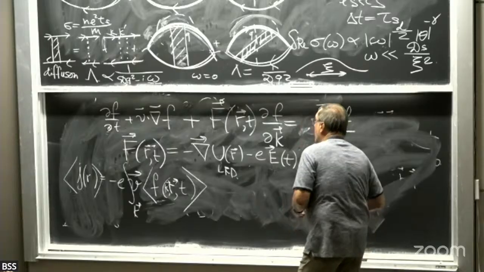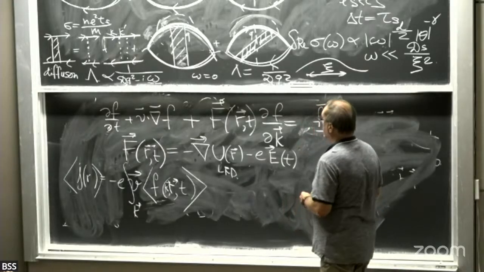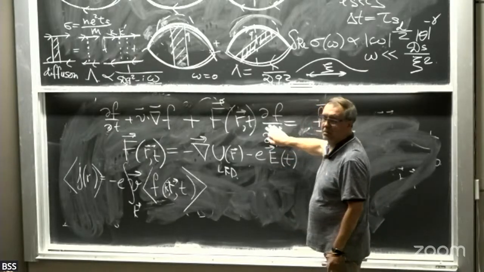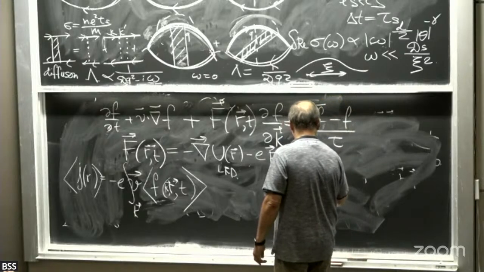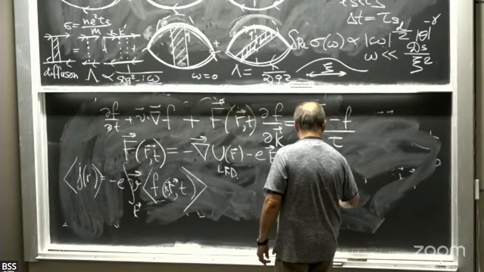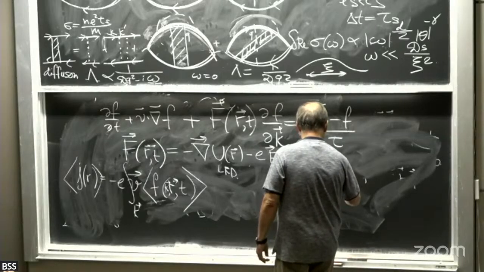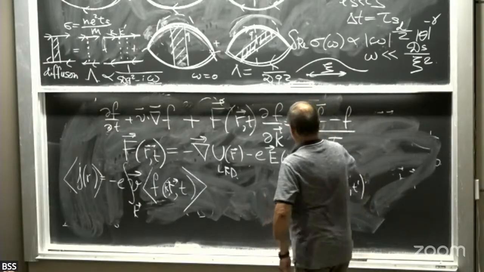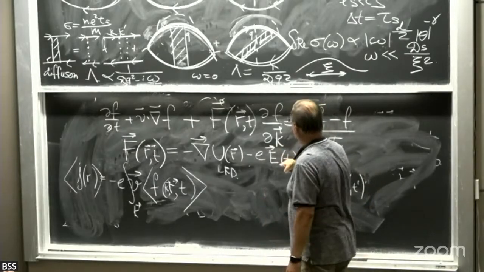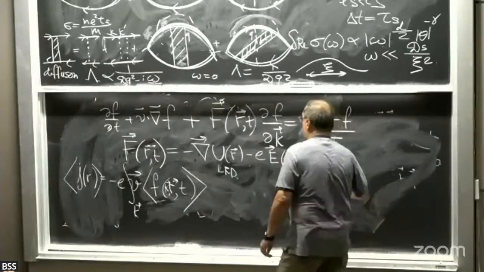And if I knew the exact Green's function of this equation, which would be a function of k, r, t, k prime, r prime, t prime, I will take the part which comes with the external electric field.